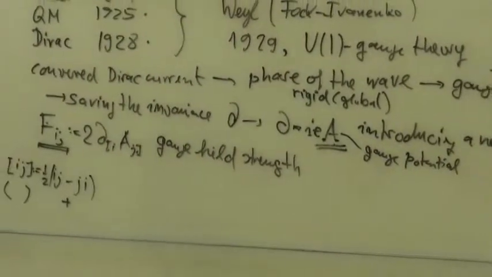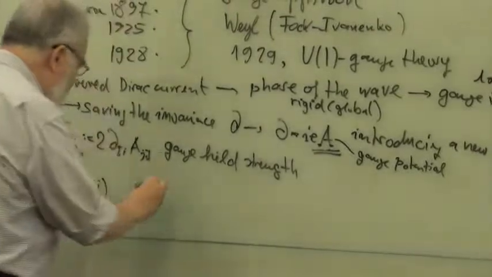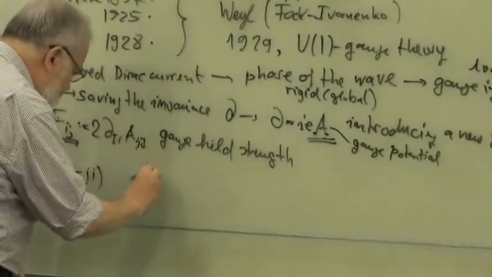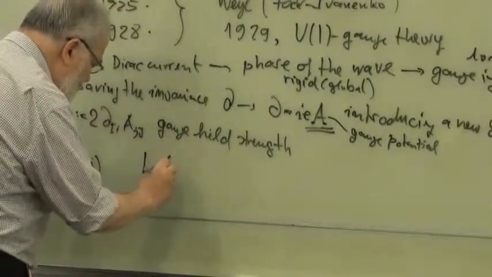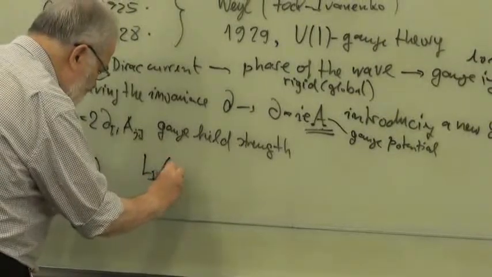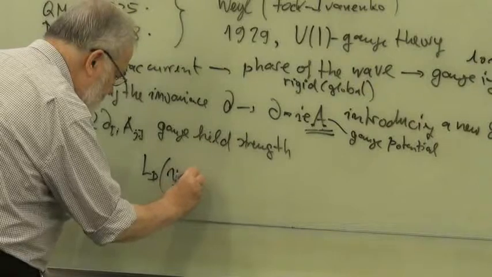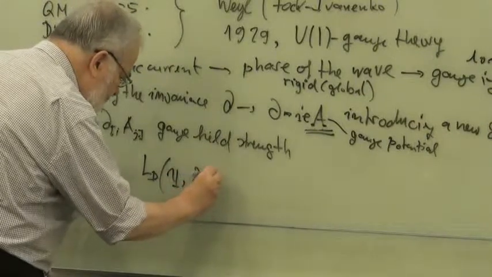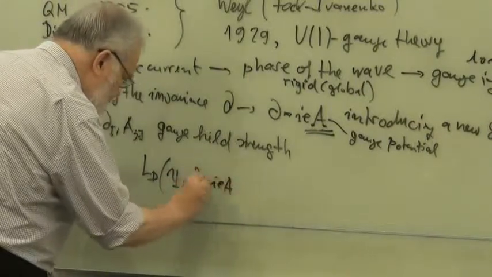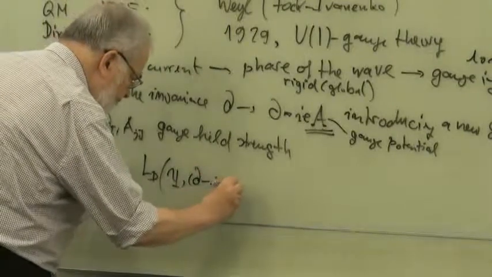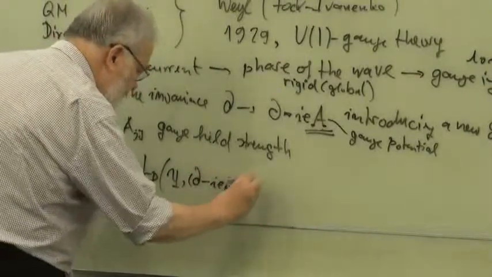And so you have the Dirac-Lagrangian, which is minimally coupled. So we say the Dirac-Lagrangian. You have here the psi. You have the first derivatives of psi, and the first derivatives of psi are then, by this procedure, applied to psi.